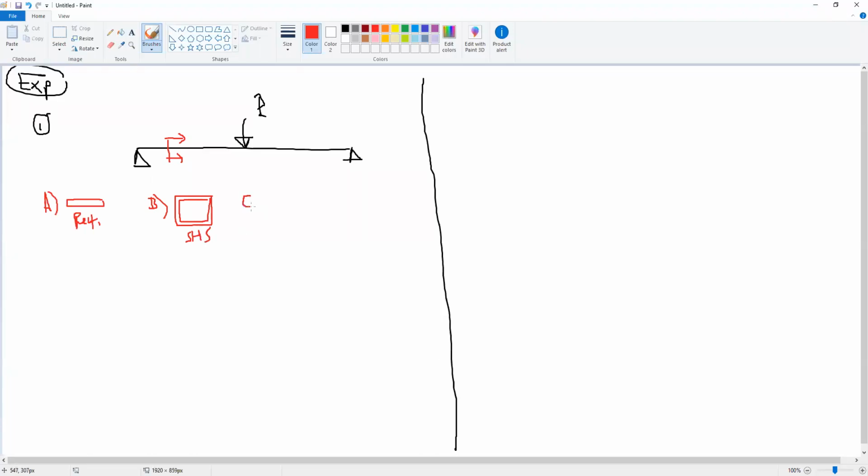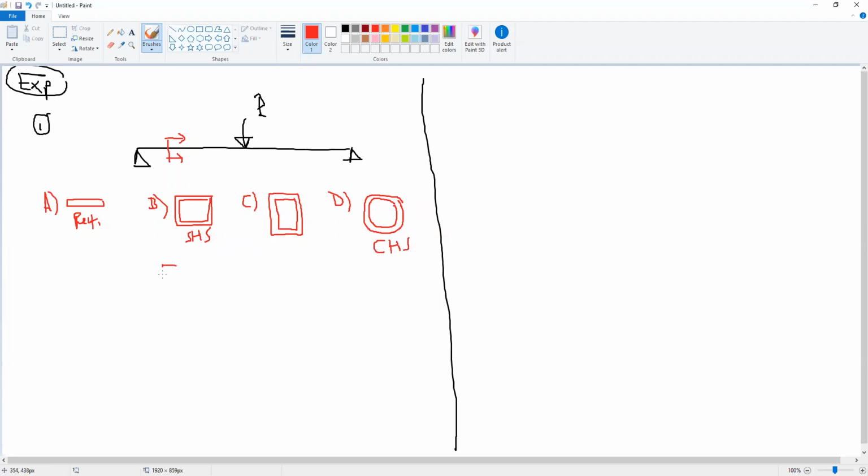The third section is the rectangular hollow section, RHS. The fourth section is the circular hollow section, CHS.